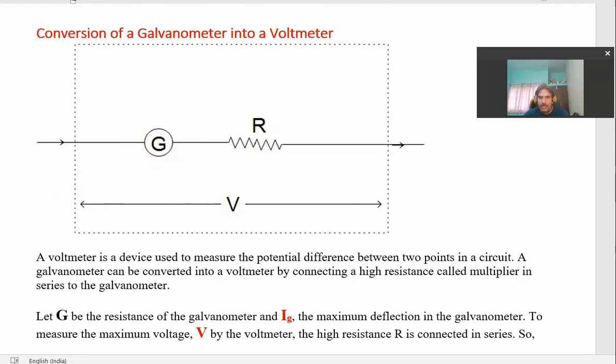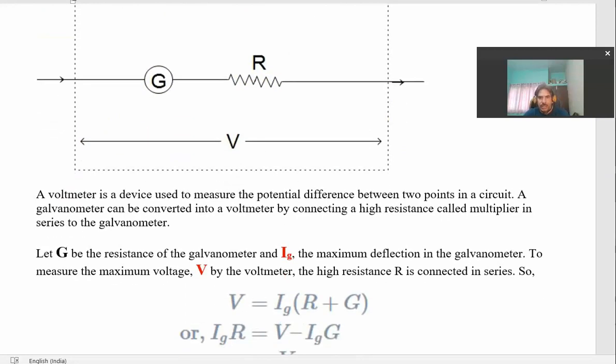So we can write that the potential difference V is the potential difference across G plus the potential difference across R. So V is equal to Ig, the current flowing through it, multiplied by the resistance G, plus Ig into R, because the current is the same through both of these arms.